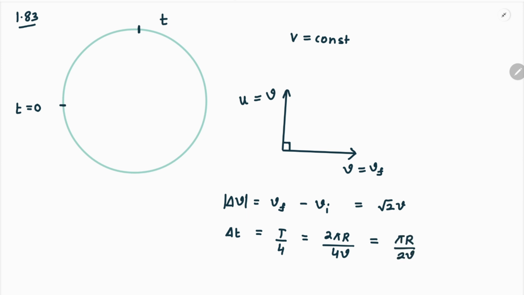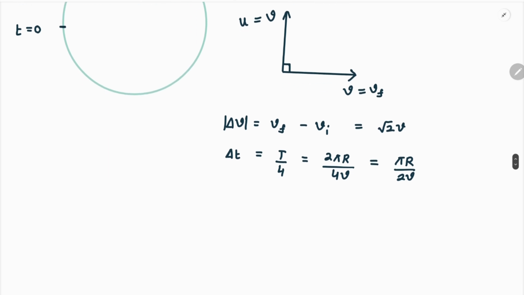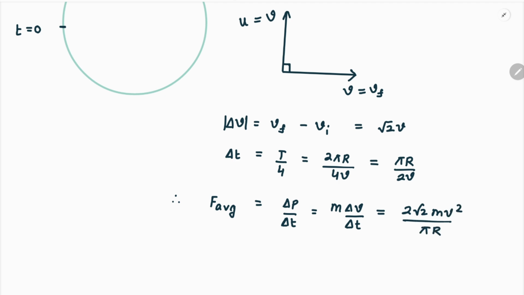So this is the time in which the motion is completed, and therefore if we calculate the average value of force, then the average value of force can be written as the change in momentum by time taken, delta p by delta t, so m times delta v by delta t, and on solving we obtain this as 2 root 2 m v square by pi r. So this is the average value of force that we have.